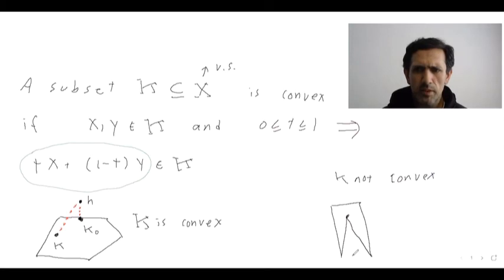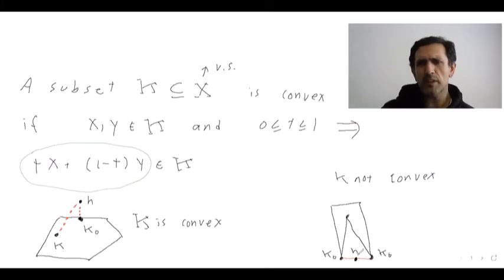Let's say I have the midpoint between the line segment containing these two points, right here. So let's say this is my H here.